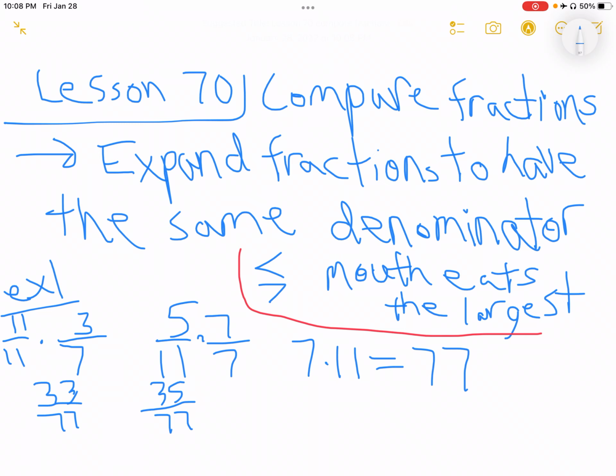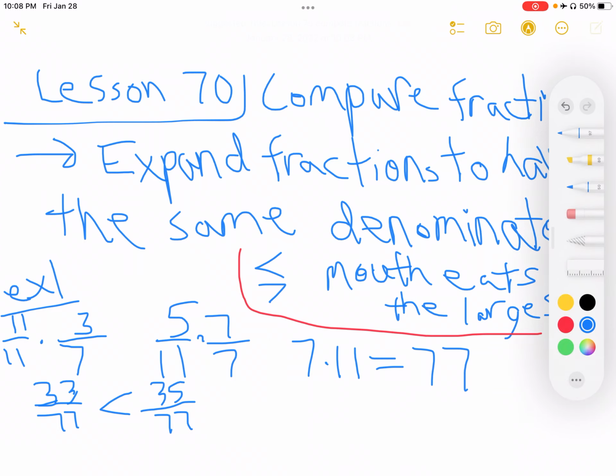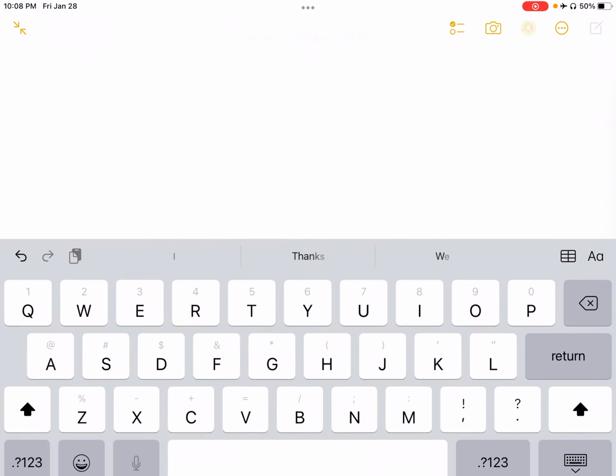So now it's pretty obvious which one is the larger one, right? Now you can go ahead and put your mouth facing the fraction on the right. So it wasn't obvious at the beginning, now it's pretty obvious.